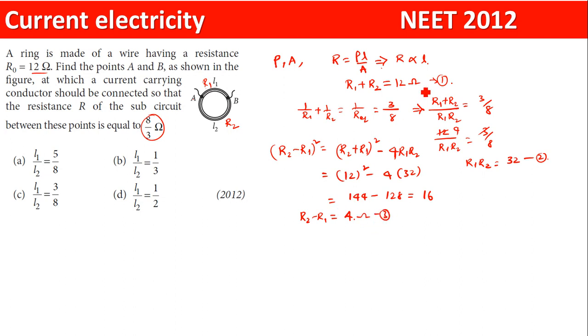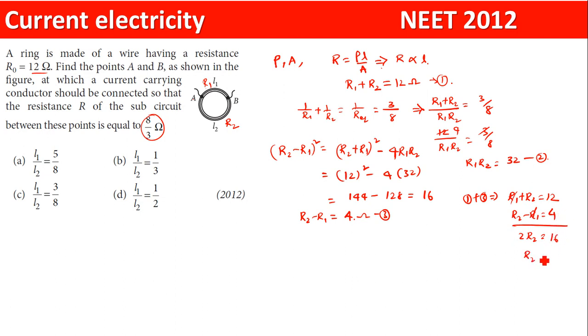From equations 1 and 3, let me add 1 plus 3. Then R1 plus R2 is equal to 12 ohms, and R2 minus R1 is equal to 4. So R1 gets cancelled, 2R2 is equal to 12 plus 4, which is 16.